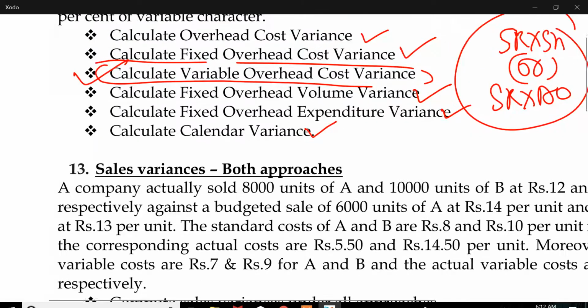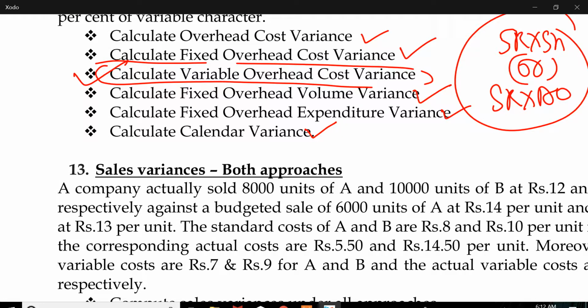Next point. Put the given information in the computation table and calculate the variances.